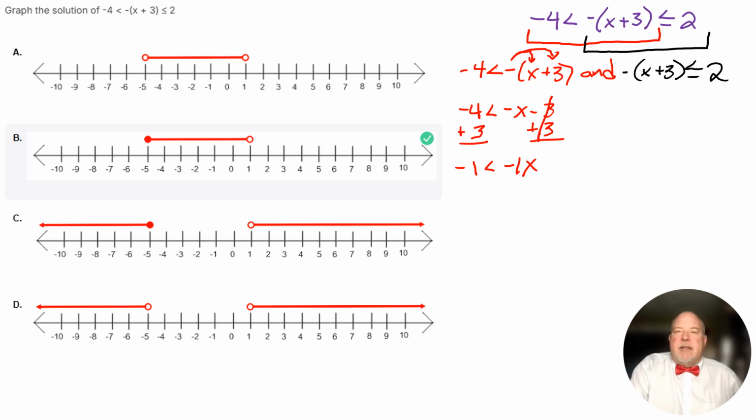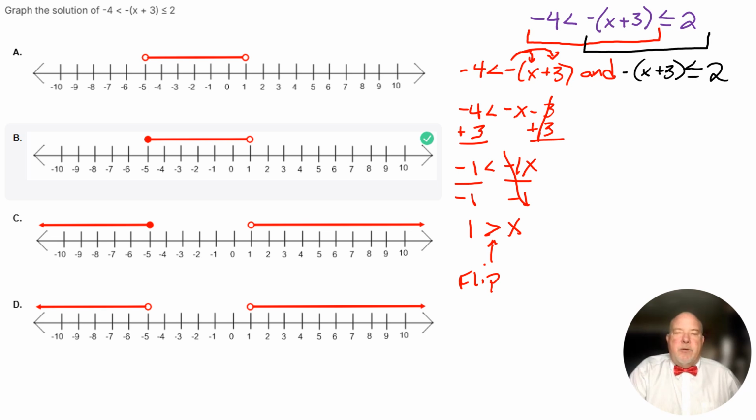This is -1 times x, so I'm going to divide by -1. That goes away. -1 divided by -1 is just 1. And then I'm going to flip the inequality. That flip part is really important, and it's really the only difference in solving an inequality versus solving an equation. So I have x is less than 1.